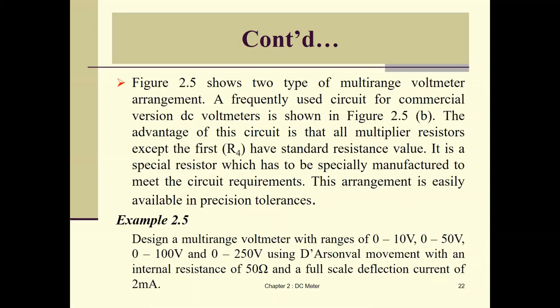Alright, so this is the example: design a multi-range voltmeter with ranges 0 to 10 volts, 0 to 50 volts, 0 to 100 volts, and 0 to 250 volts, using a meter movement with an internal resistance of 50 ohms and a full scale deflection current of 2 milliampere. You can try this one.